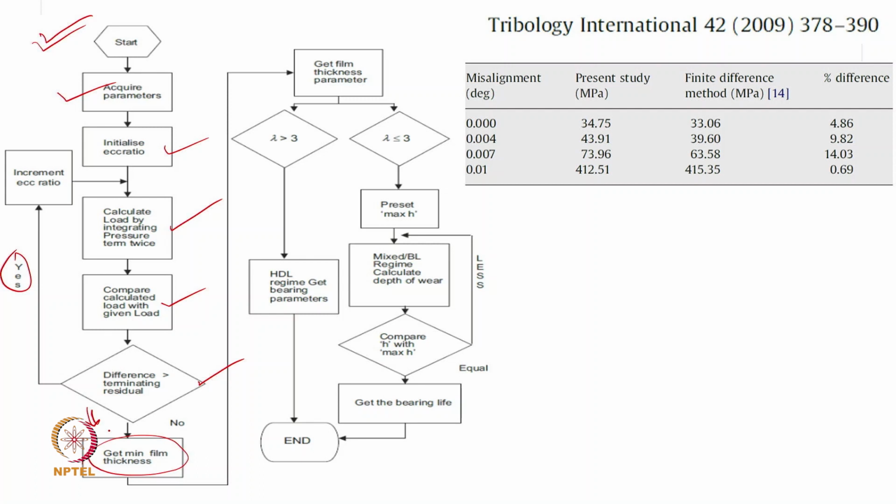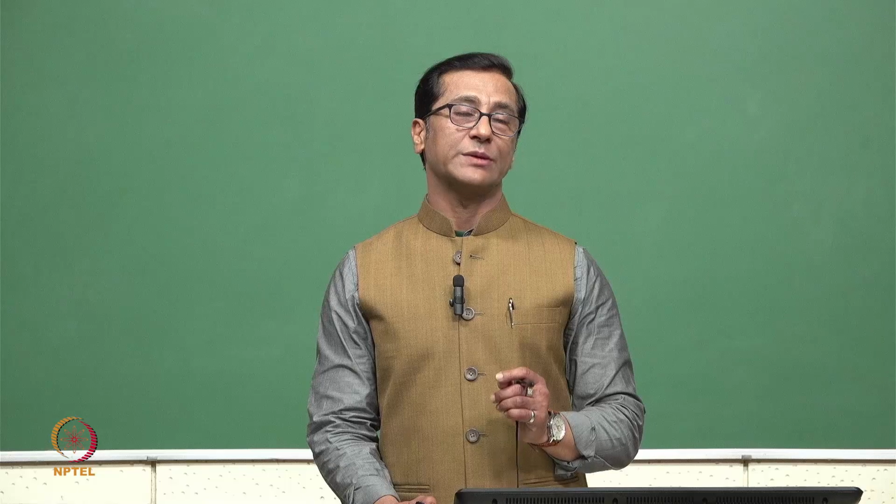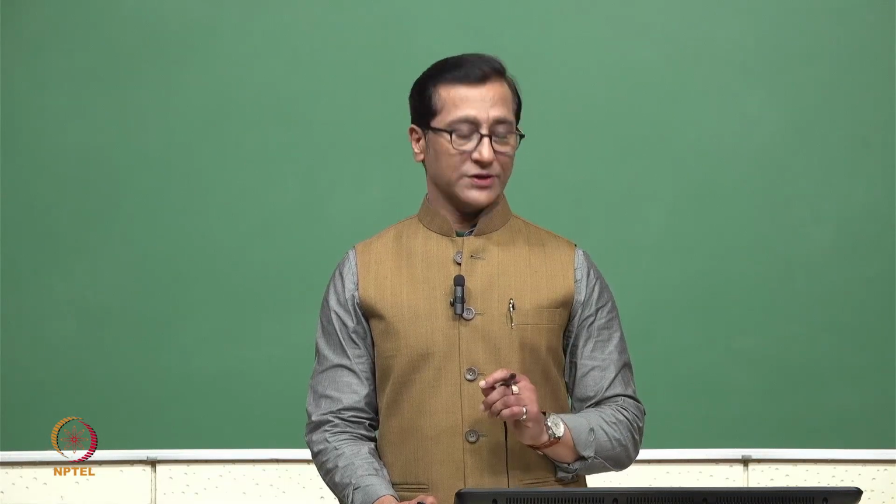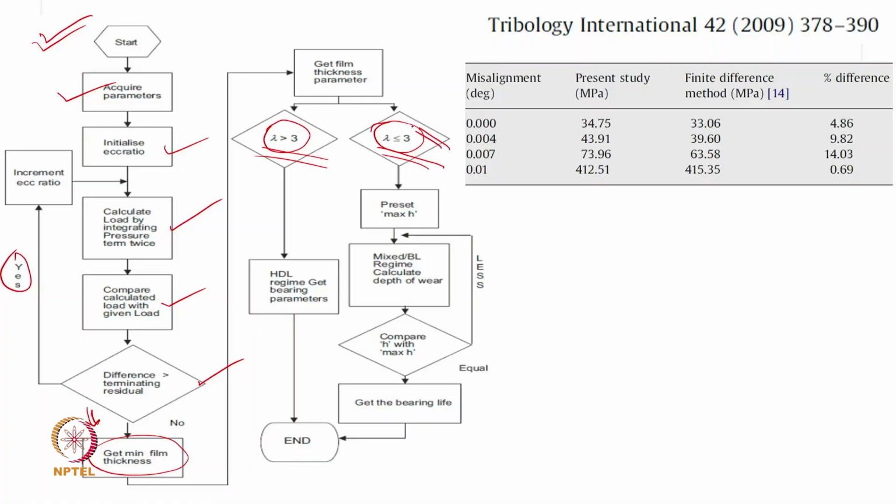film thickness. Now here we assume something we call the specific film thickness. We say specific film thickness is greater than 3 or lesser than 3. Now this is an assumption. It can be 4, it can be 5, depending on the surface roughness. However, literature mostly says that 3 is sufficient and will give reasonably good results.